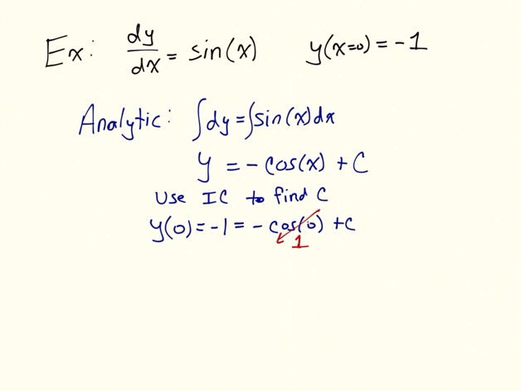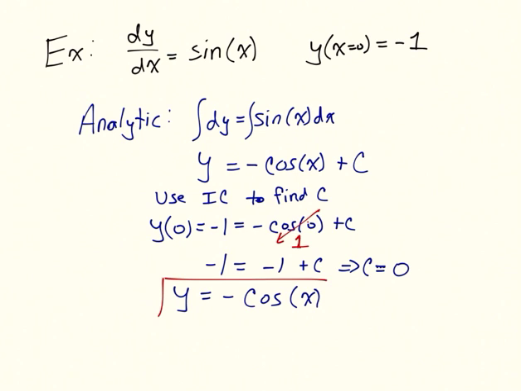And so we have -1 = -1 + c, and therefore c = 0. And our analytic solution is y = -cos(x). There we go. That's our analytic solution of this equation.